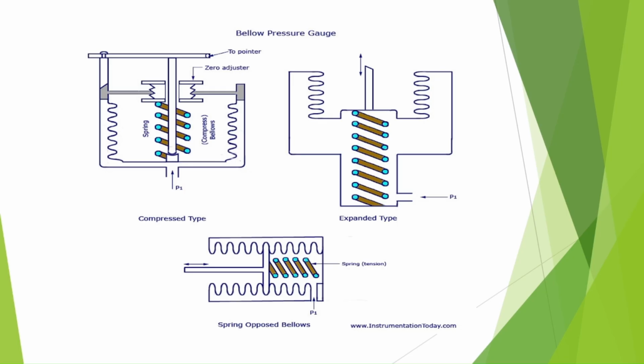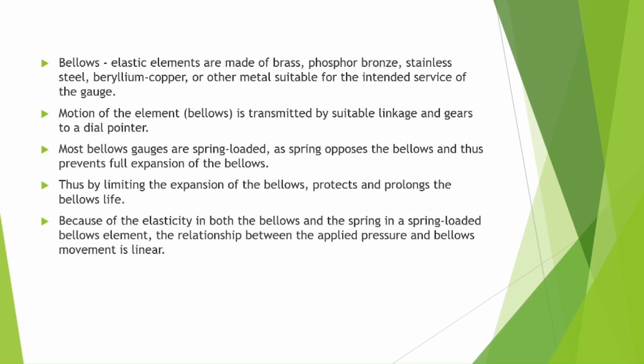And these are the different types of bellows: compressed type, expanded type, and spring opposed bellows. The major elements of bellows are made of brass, phosphor bronze, stainless steel, beryllium copper, and other metals suitable for the intended service of the gauges.